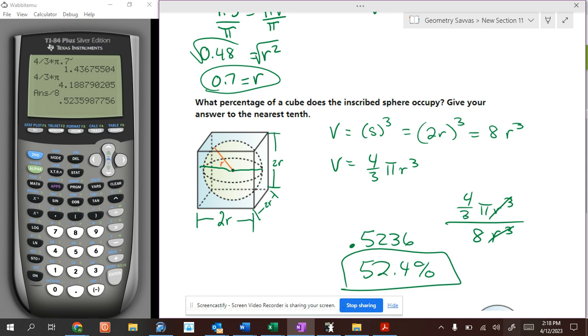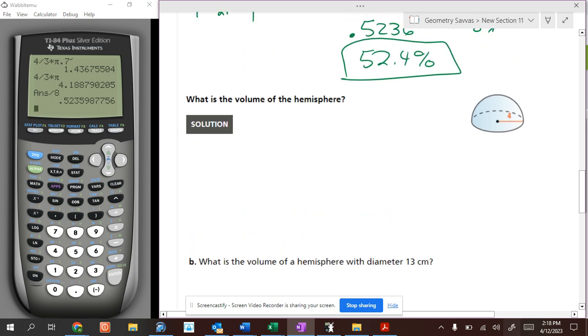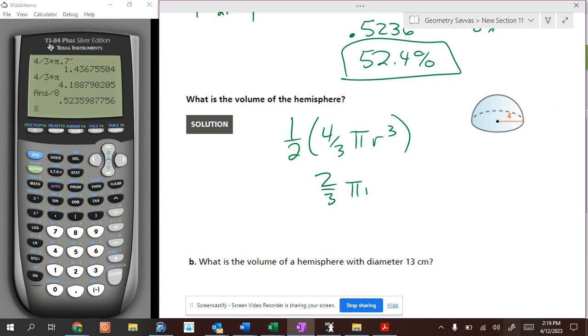Okay. All right. What's the volume of a hemisphere? Well, a hemisphere is how much of a sphere? Half. So you have to take half of 4/3 pi r cubed. Well, what's half of 4/3? 2/3. So it's 2/3 pi r cubed. Well, if r is 4, it's 2/3 pi times 4 cubed.